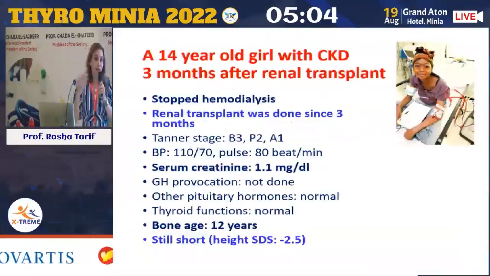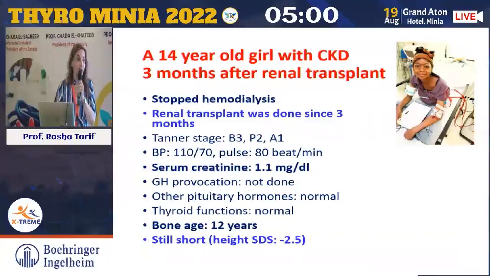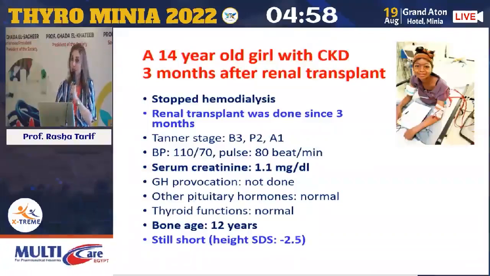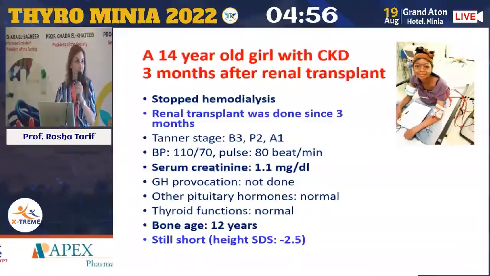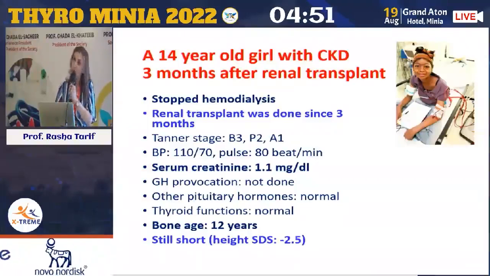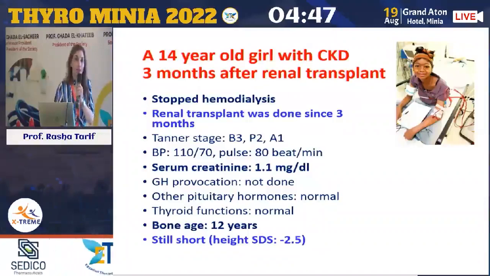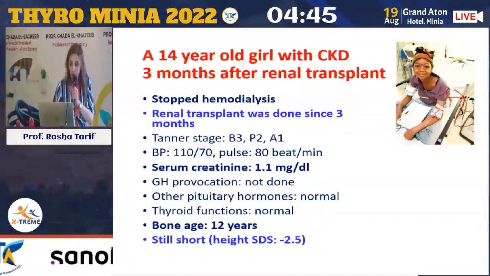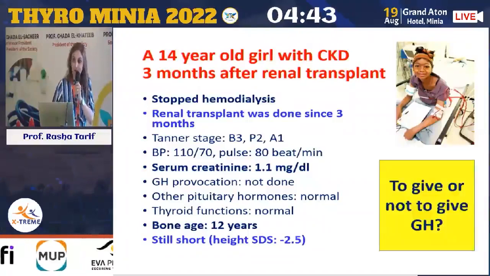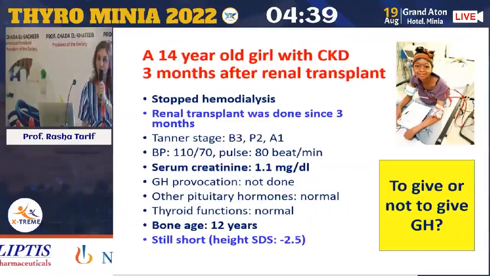Now, the second part of the story, she came back to me after doing renal transplant. 3 months after doing renal transplant, of course, she stopped hemodialysis. She's still short, although better than before, and parents are requesting me to go back to the growth hormone 3 months after transplant. What do you think? To give or not to give at this stage?